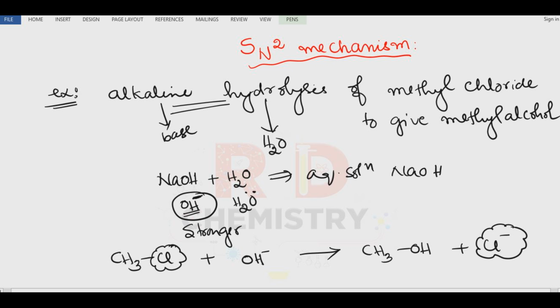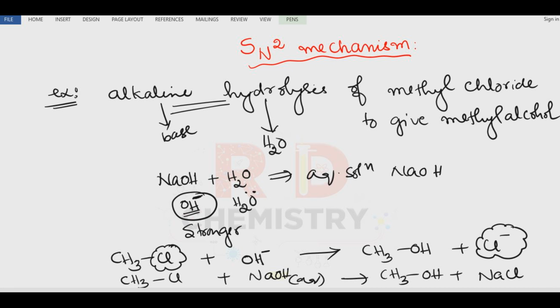That's why the reaction takes place. Cl minus is replaced by the OH minus. Or I can write CH3Cl reacts with the actual NaOH aqueous solution to give methyl alcohol plus sodium chloride. This is the actual reaction, but we have written only in terms of nucleophile. For this reaction, we are going to learn the mechanism, how the reaction actually takes place.